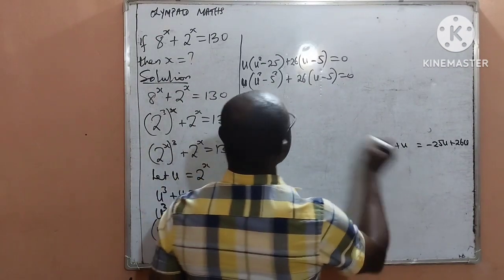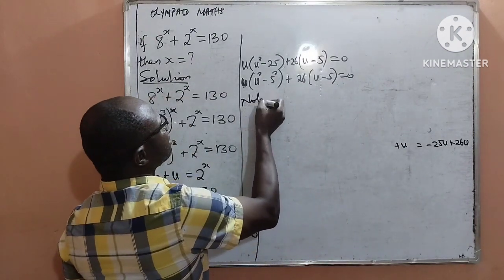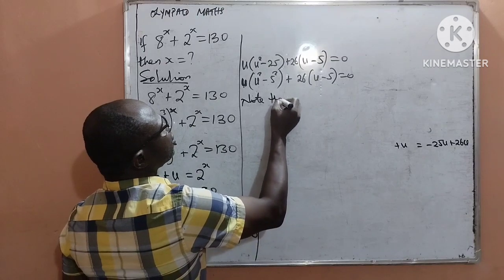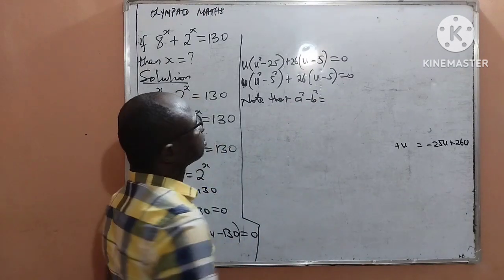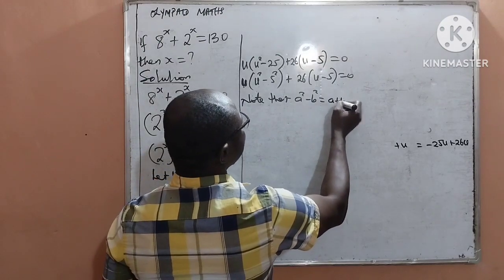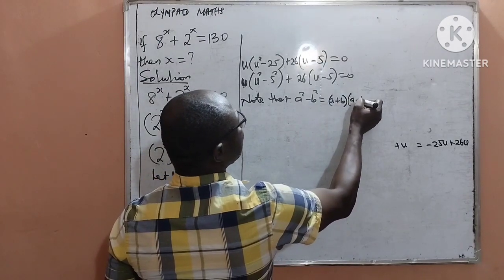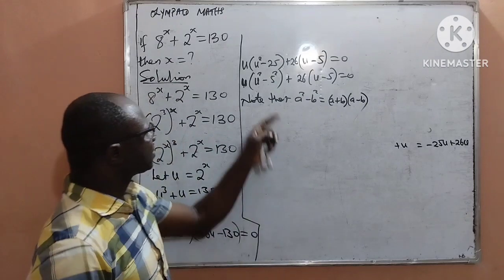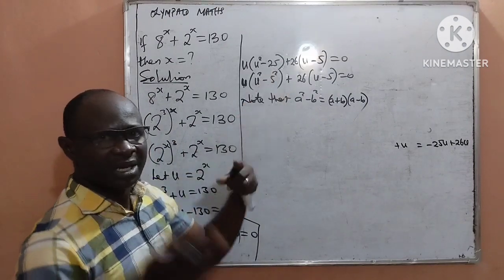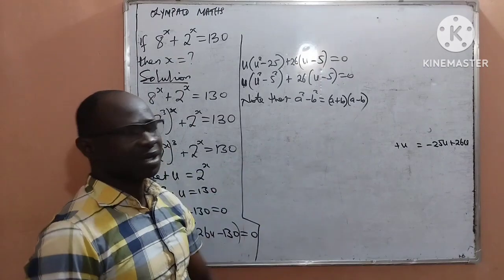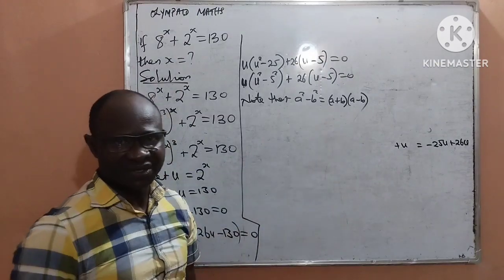And if I have a note that a squared minus b squared is equal to a plus b into a minus b, that implies this u squared minus 5 squared can be written in this order, that is difference of two squares.